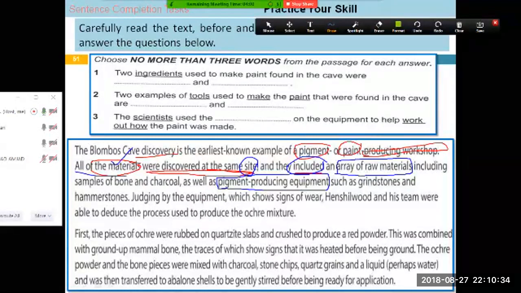All of the materials were discovered. When I say all of the materials were discovered, the author elaborates that this material included two things. First thing is an array of materials. And the second is pigment producing equipment. Got it? Then the author further gives two examples of raw materials and two examples of pigment producing equipment.